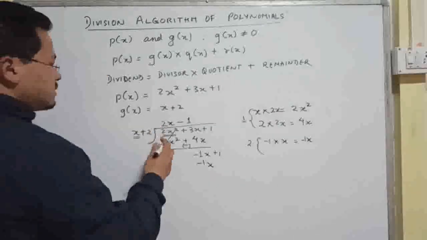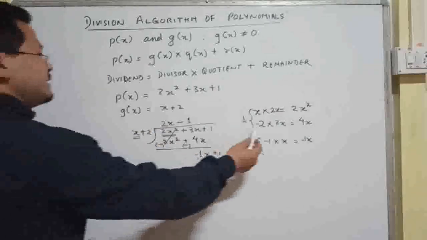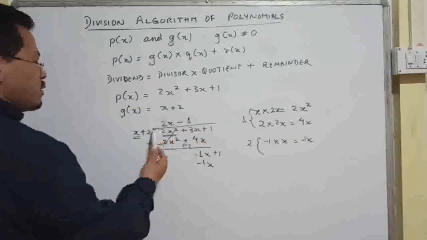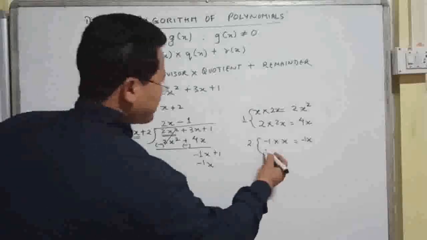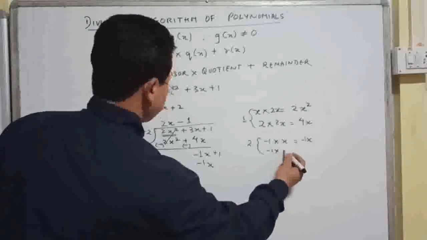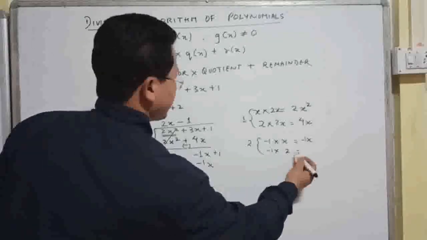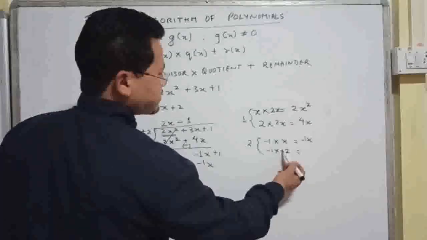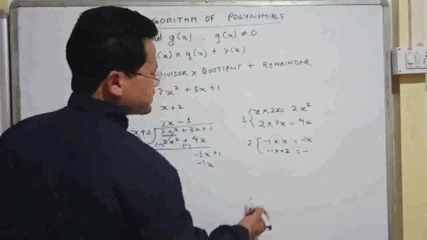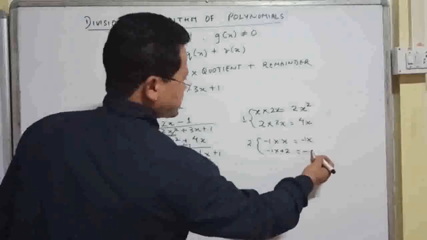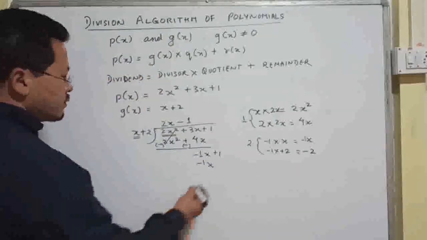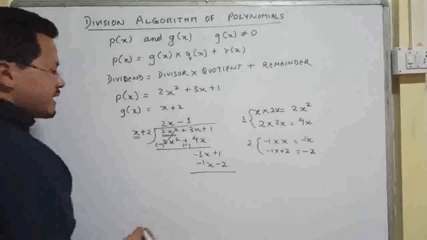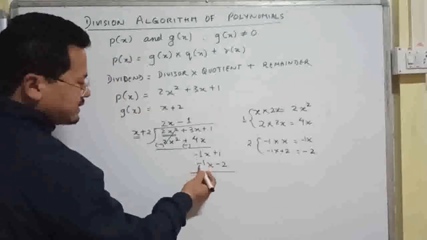Now the second term, as we did in the first step, we need to multiply minus 1 with the second term. So we have minus 1 into 2, and this is positive. We always know that minus times plus is minus, and 1 into 2 is 2. So we get minus 2. Now again we subtract them. So we have a negative number here.